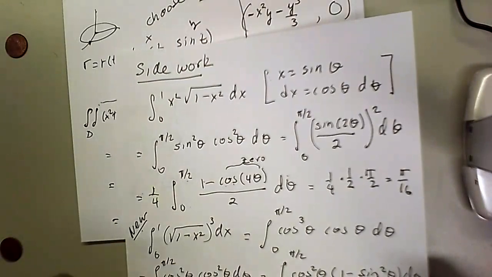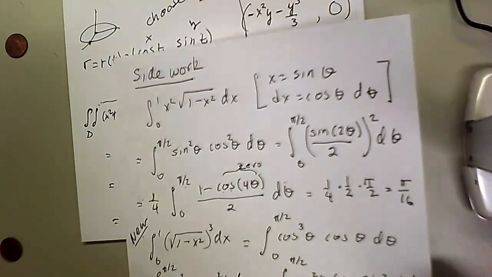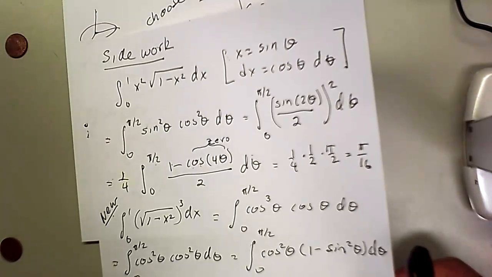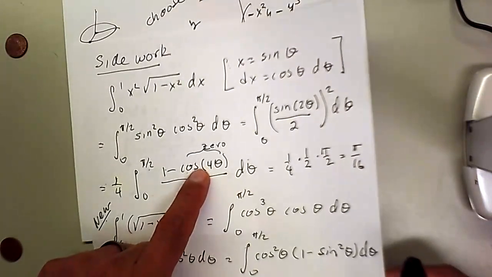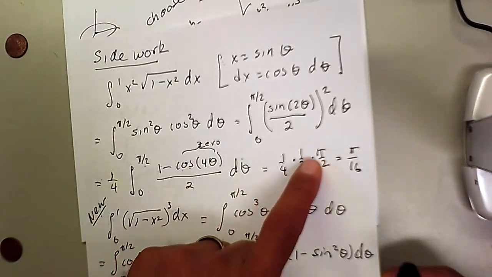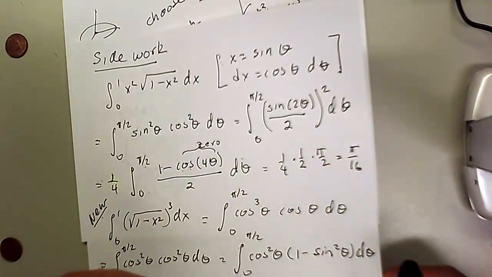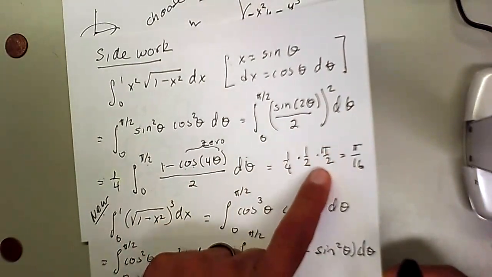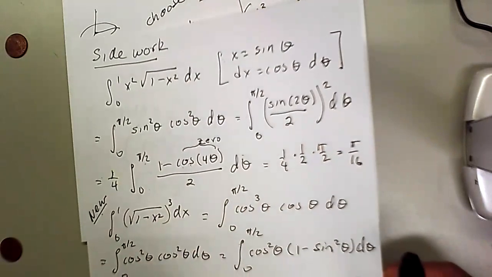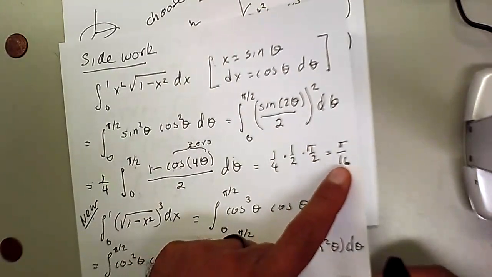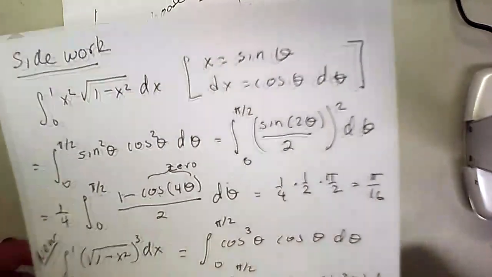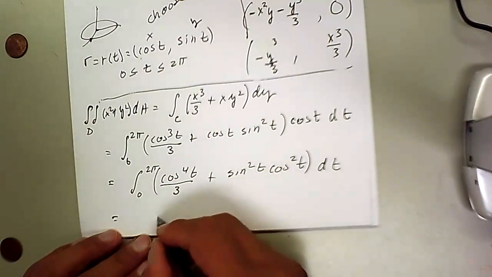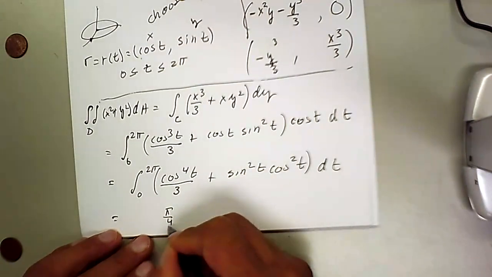As it turns out, for this particular case, we can probably just adjust. This is still going to be 0. We can just put a 2 pi here, because everything else is going to be the same, except that we have to put a 2 pi here instead of pi over 2. So we need to multiply this by 4, and that gives us pi over 4. So the second integral is pi over 4.